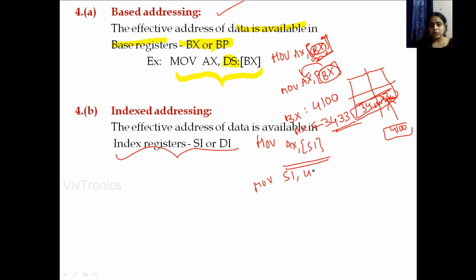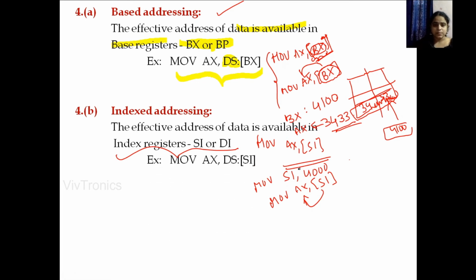Initially you have to write MOV SI, 4000 and then MOV AX, [SI]. In the same way you have to write programs here also. That means SI is pointing at the 4000 memory location, and the data at 4000 is copied to the AX register. Soon you will see all these examples in our next classes. MOV AX, [SI], MOV [DI], AX, like that. This is the indexed addressing.